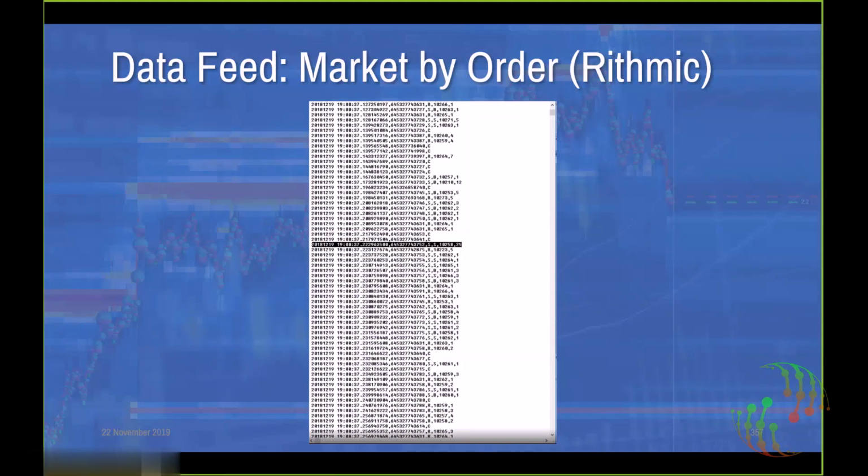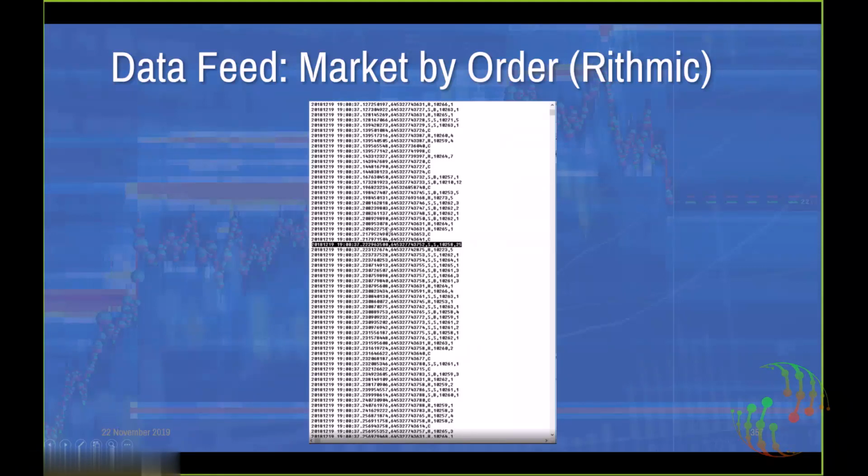This is a snapshot of data coming from Rhythmic. These are not aggregated data. You can also get aggregated data from Rhythmic. The difference between all data and aggregated data is that aggregated data are sampled.